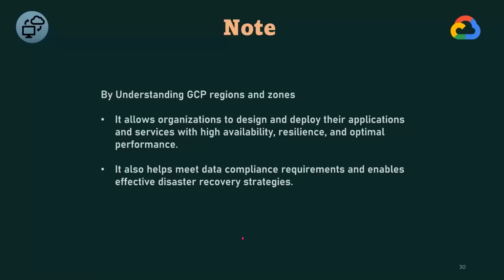It also helps meet data compliance requirements and enables effective disaster recovery strategies. So this is what we have done today, and by understanding GCP regions and zones, you will be able to deploy your application with high availability, resilience, and optimal performance.